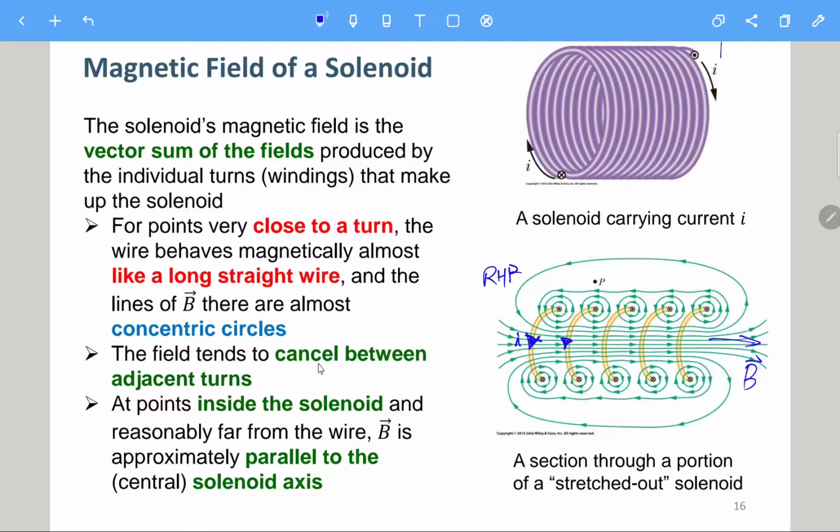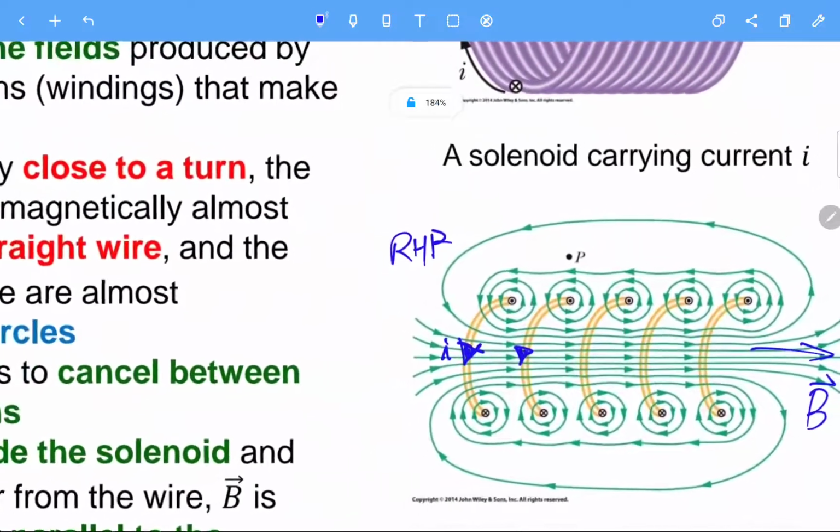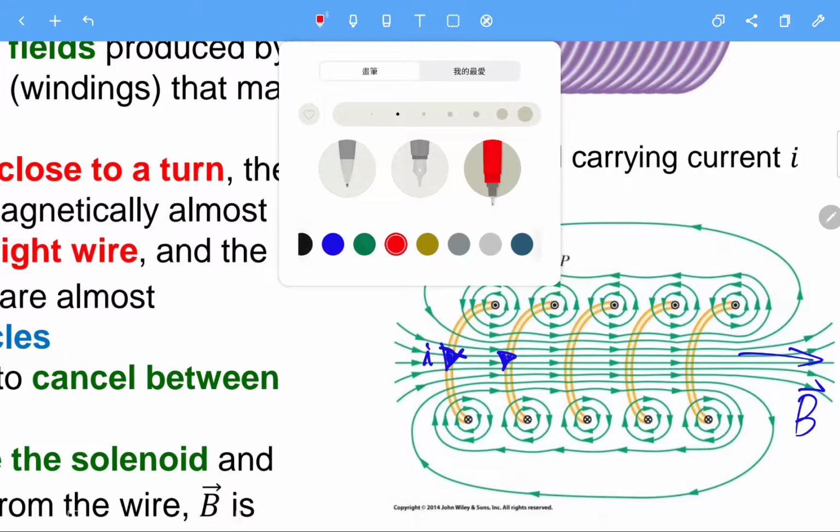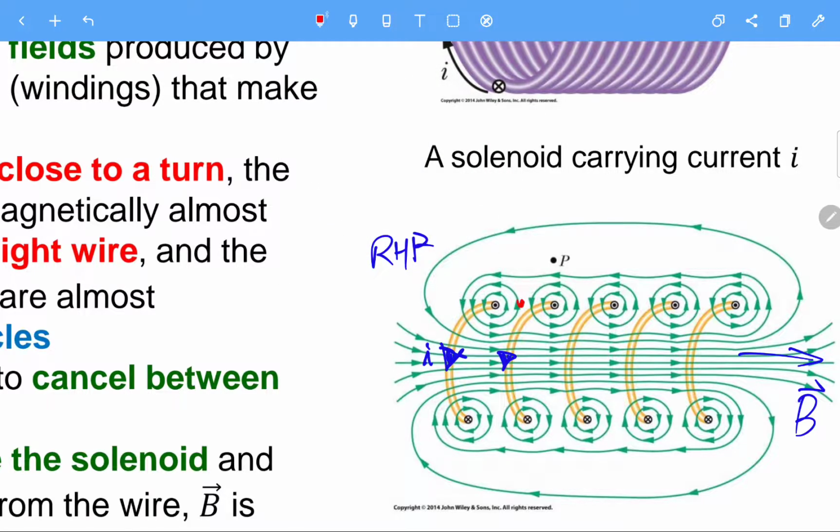So the field tends to cancel between adjacent turns, which means if you consider this turn and this turn, and the point here, then the left wire will have a magnetic field like this, and the other wire a field like this.